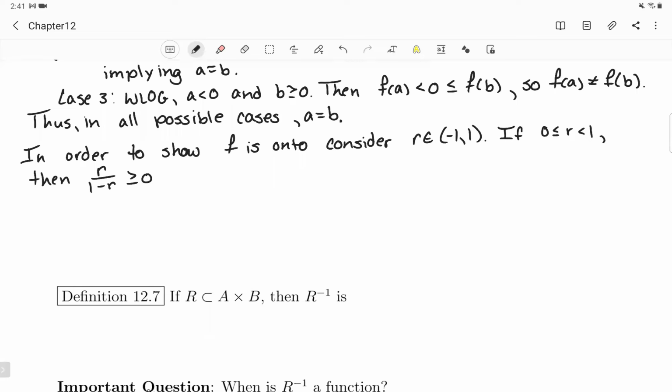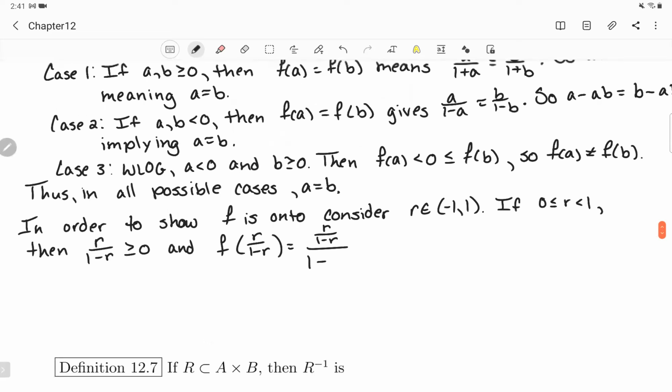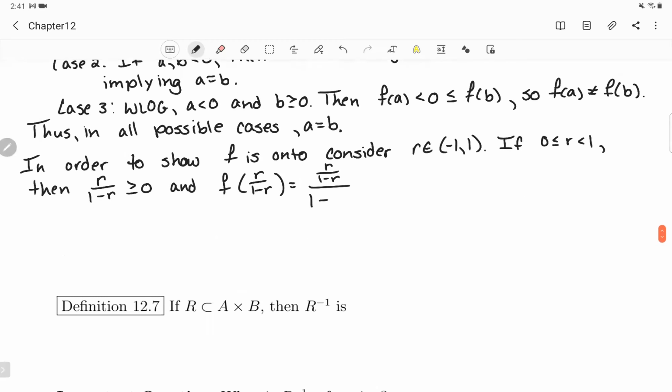Okay. All right. And f of R over 1 minus R equals R over 1 minus R times 1 minus, or is it plus? Starting to get my minuses and pluses confused. It's a plus. Plus the absolute value of R over 1 minus R equals R over 1 minus R over 1 plus R over 1 minus R. All right, that's ridiculous.